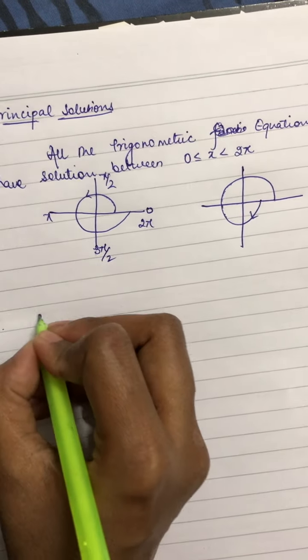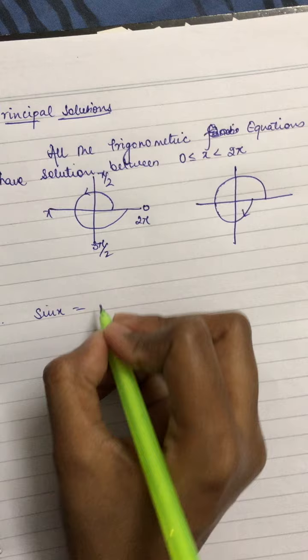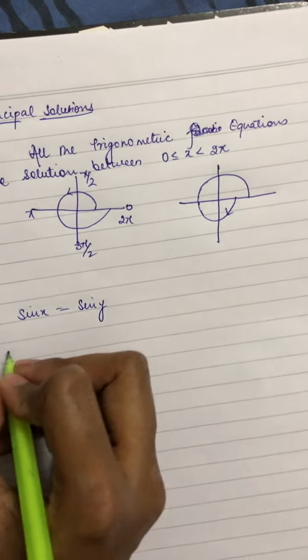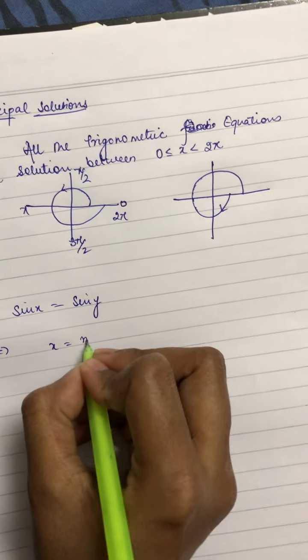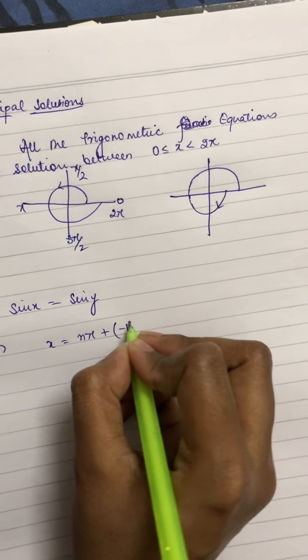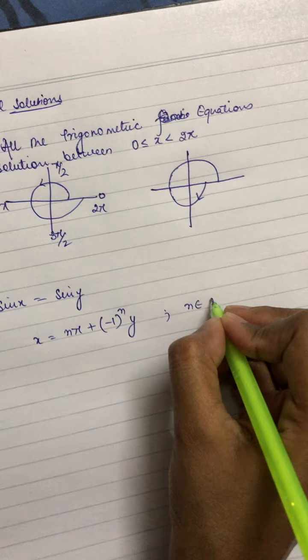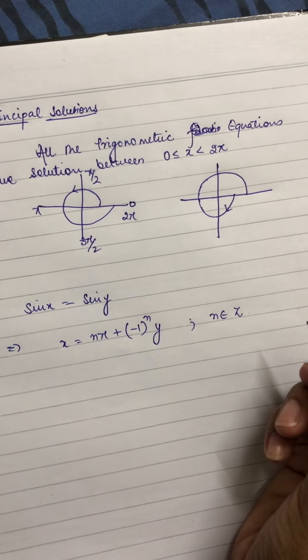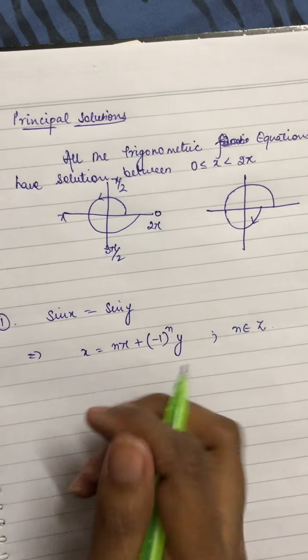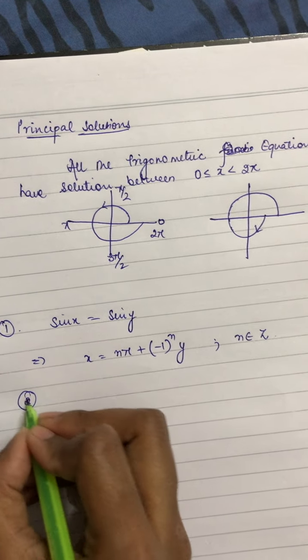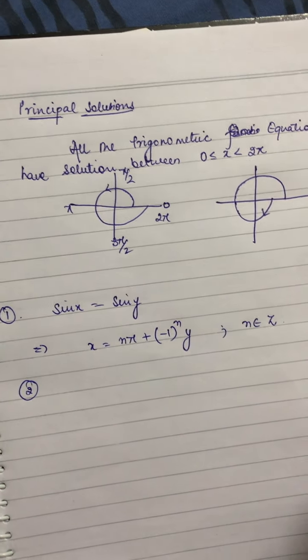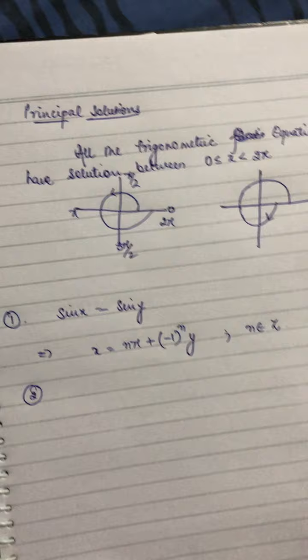So for sin x is equal to sin y, which implies x is equal to n pi plus minus 1 to the power n y for all n belongs to Z. Z is the set of integers. And if it is cosec, then we can convert it to sine and so on.